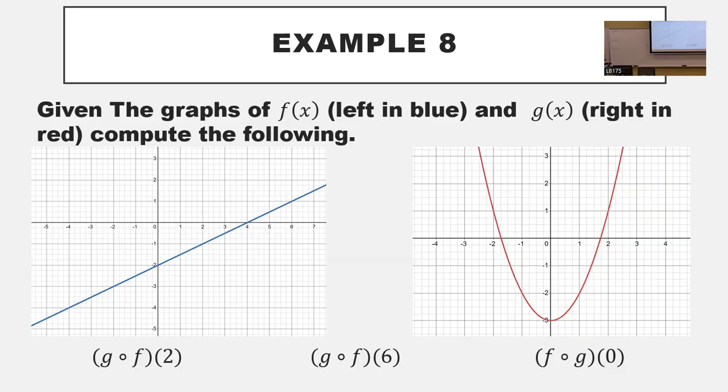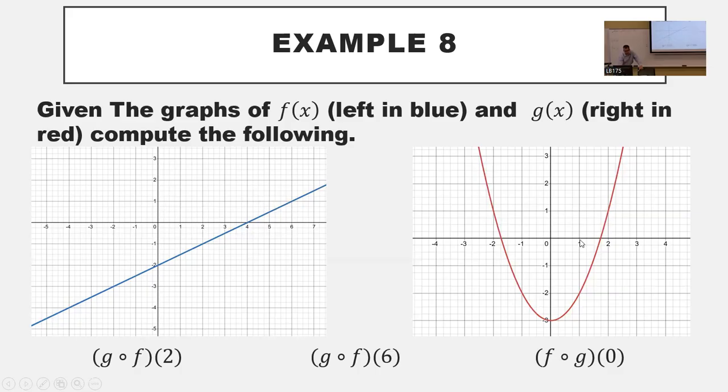And that's just based off the graphs. Let's do g of f of 6. So we start out with f of 6. F of 6 gives me an output of -1, or excuse me, of +1. F of 6 is a +1.